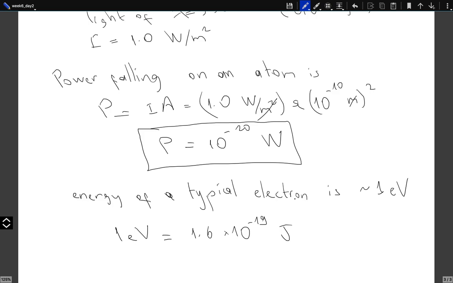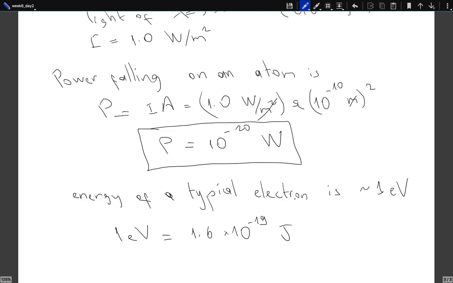So on one hand, we are inputting this much power. On the other hand, an electron needs this much joules. How long does it take? What was the power? What is the watt? Joules per second.